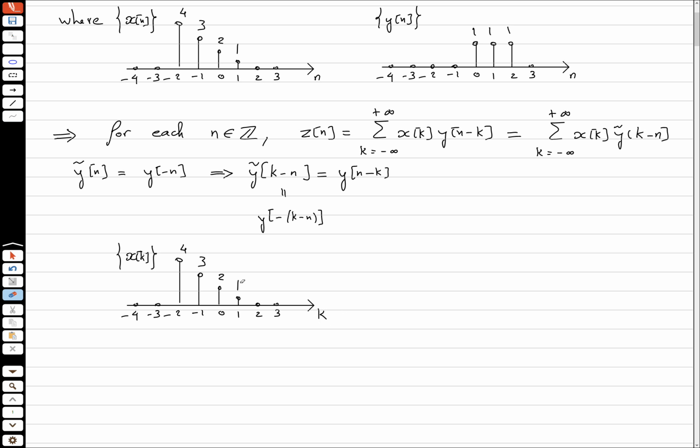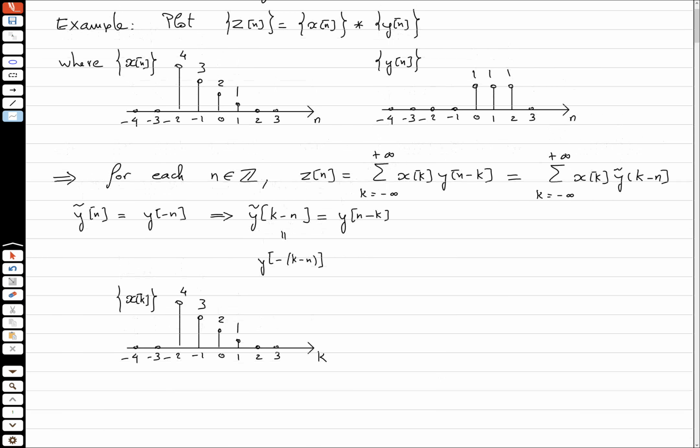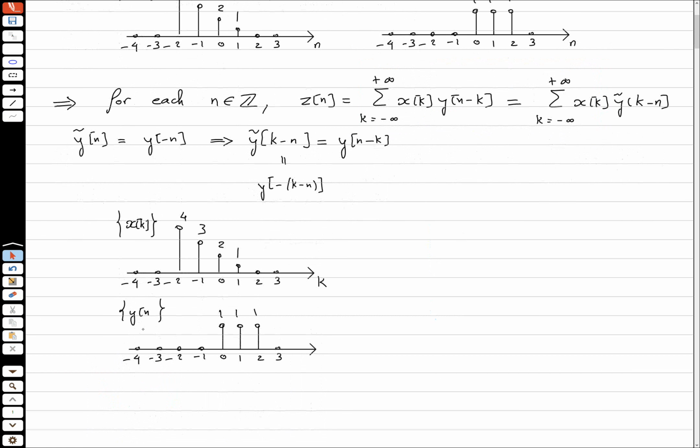Should be the same letter. It doesn't matter. It's a dummy variable. And let me do the same thing for y. I'm calling the index k.